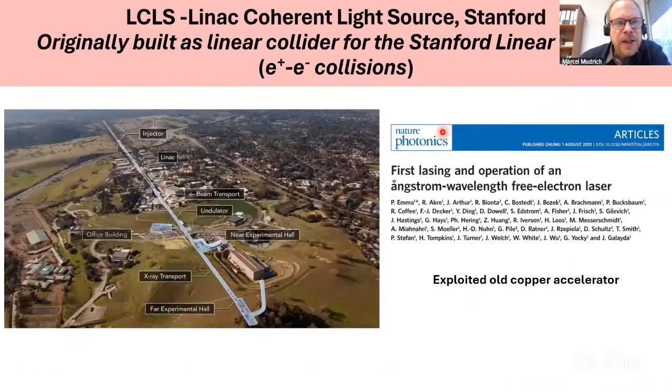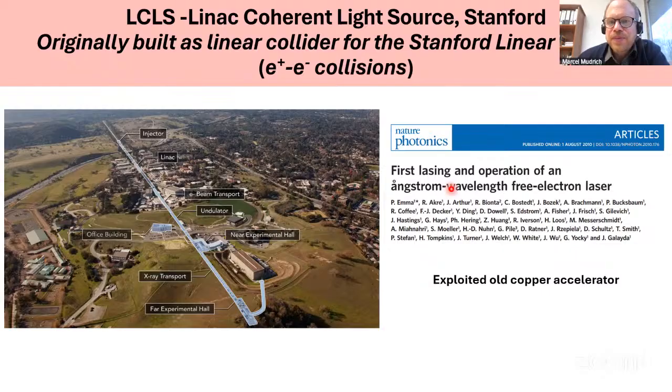The first actual X-ray free electron laser was LCLS at the Stanford Linear Collider facility at SLAC. That was actually built for positron-electron collisions, but also there this facility is now fully converted into a free electron laser, the Photon Science Institute.